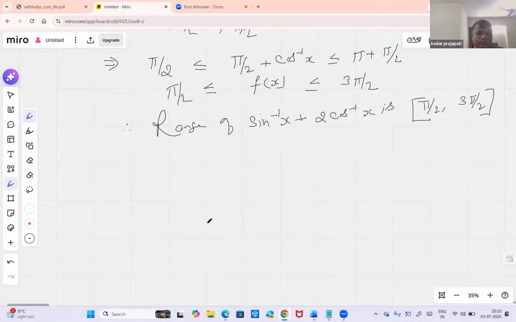Question number 2. So f of x is given. F of x is cos inverse of x square minus 4.